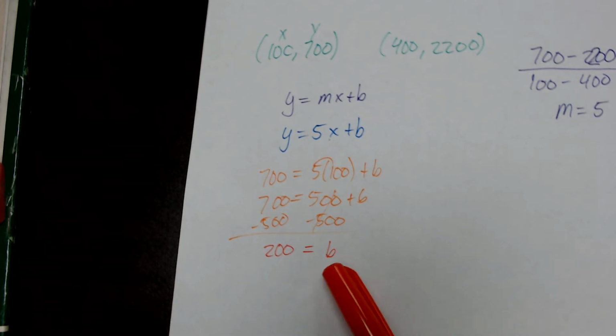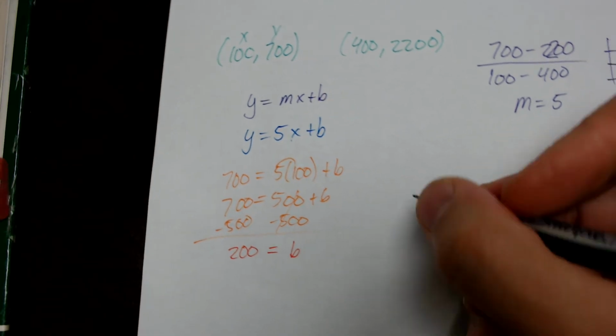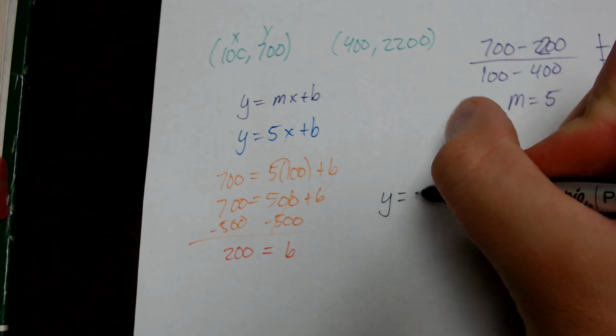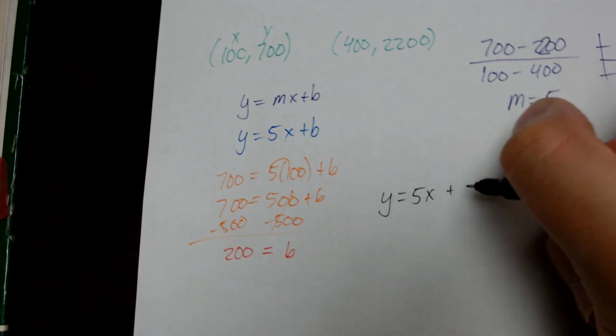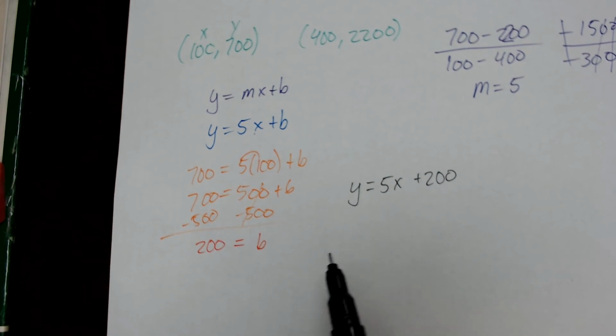So I'll take this and plug it back up into the top equation, which gives me a final linear equation of y equals 5x plus 200. Now the last thing we're going to do, since this is an equation of data and there's a specific line we're thinking of, we're not going to use x and y. We're going to use the variables in the equation, which are cost and number of items.